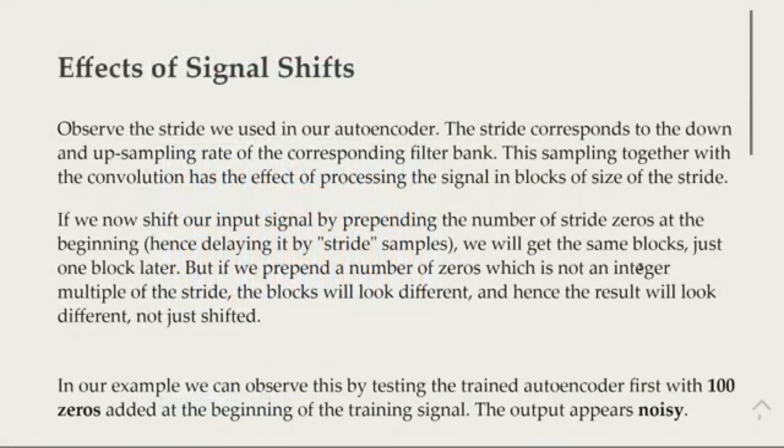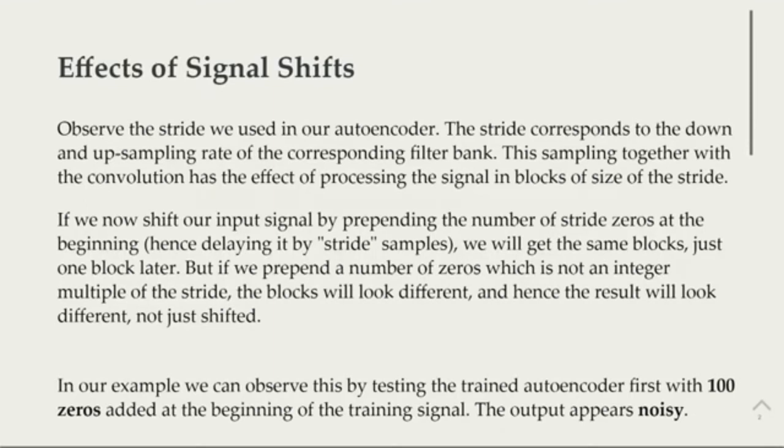One more thing that we'll look at is the effect of signal shifts. Observe the stride we used in our autoencoder. The stride corresponds to the down and up sampling rate of the corresponding filter bank. This sampling together with the convolution has the effect of processing the signal in blocks of the size of the stride.